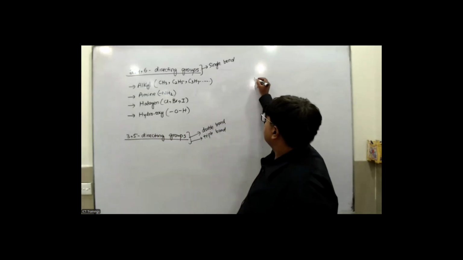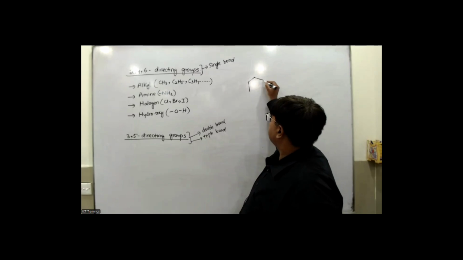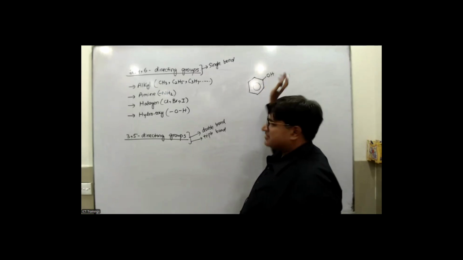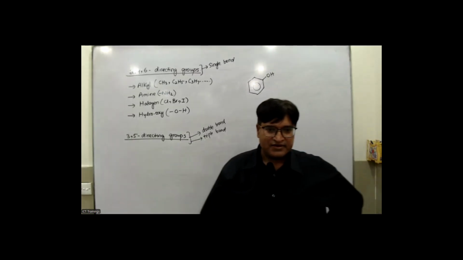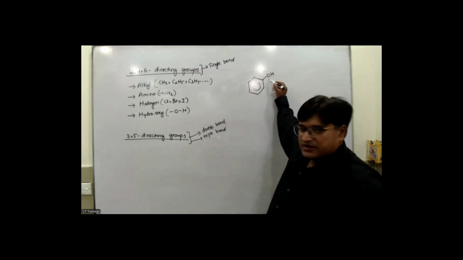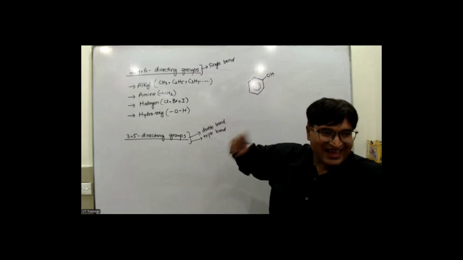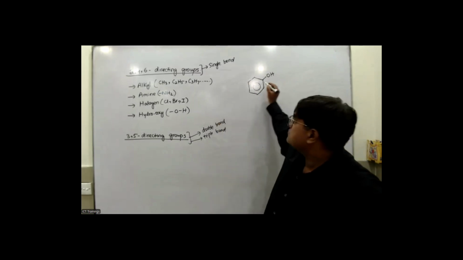Okay, what does it mean? Let's suppose, have a look up here, guys. Let's suppose OH is attached up here. Just listen, stop writing. Where any group is attached first, that is position 1.